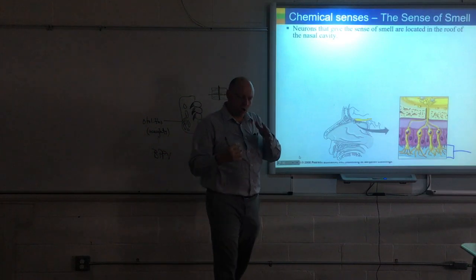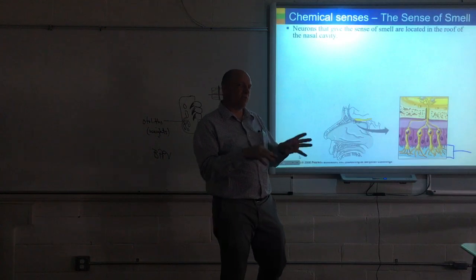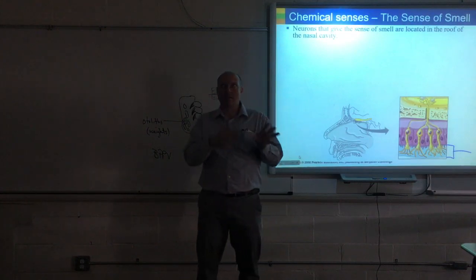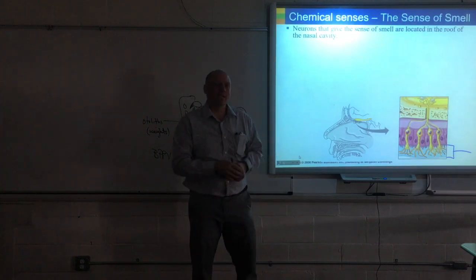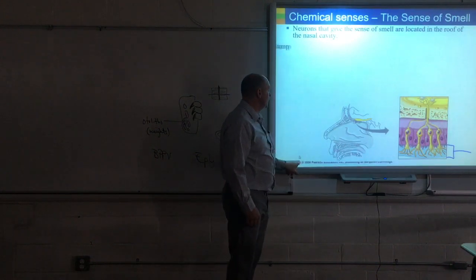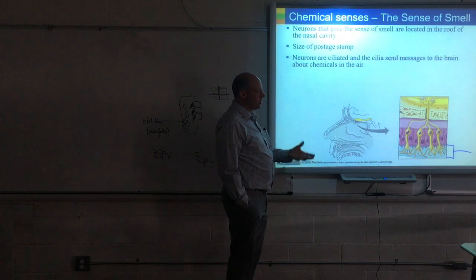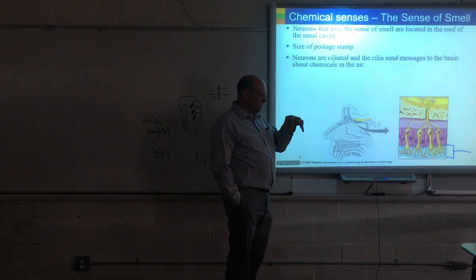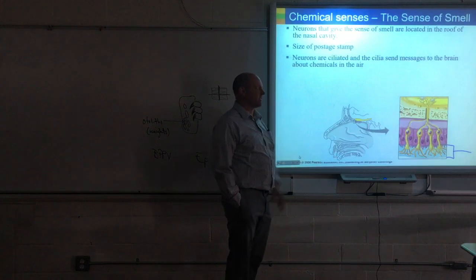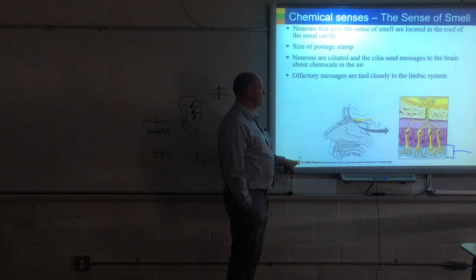Then they dissolve into the mucus and make the neurons fire, and those neurons send a message to your brain of what smell you are sensing. These neurons are ciliated, and the cilia are covered with receptors that pick up chemicals and send a message to the brain.